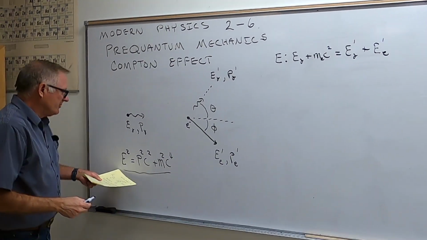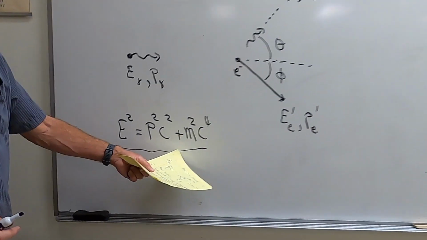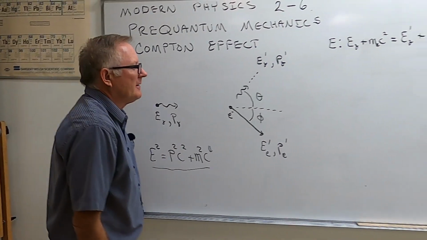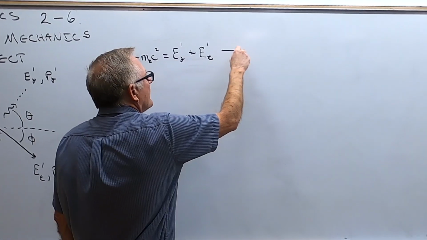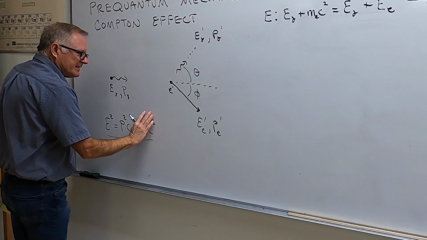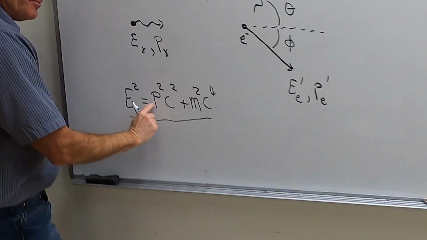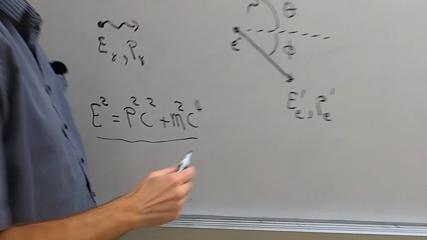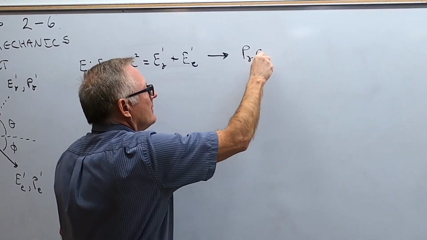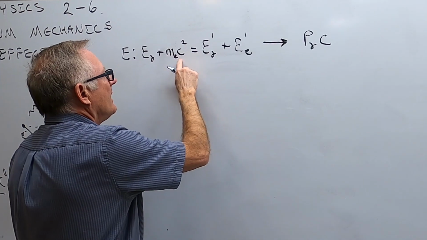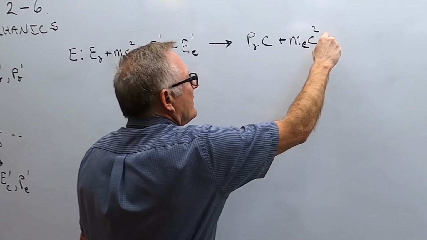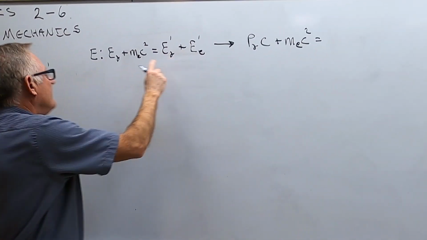Now, I guess we could use this equation right here and put them in terms of momentum. If we write them in terms of momentum, this equation becomes: remember, for a gamma ray the mass is 0, so E is just P gamma C. So this is just P gamma C plus m sub e c squared equals the energy of this.